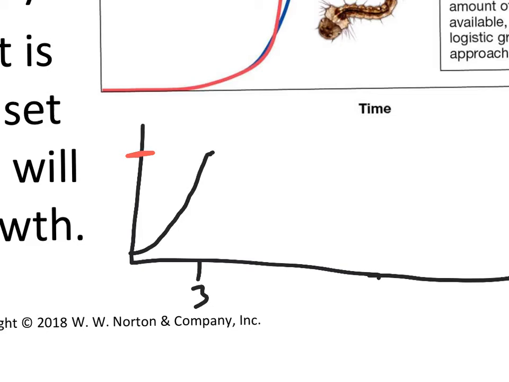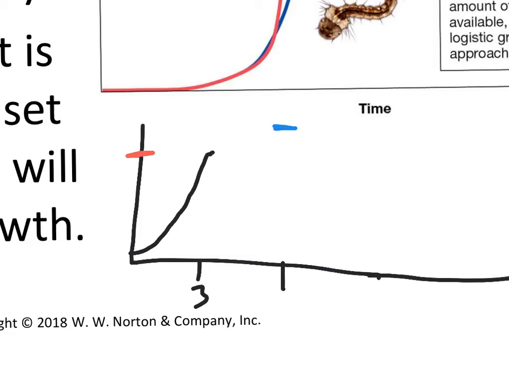And then at the 6-month point, there's more food, let's say it's summertime, and the carrying capacity can go up to there. Okay?